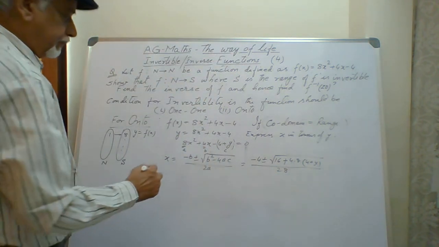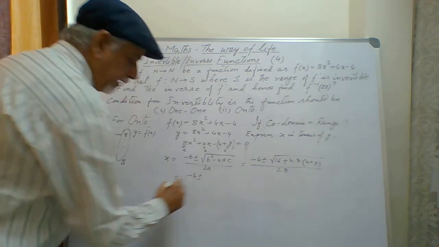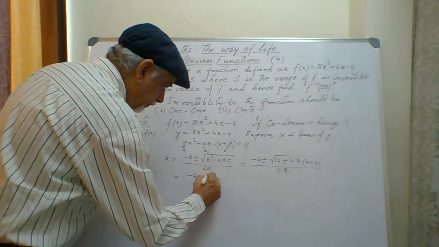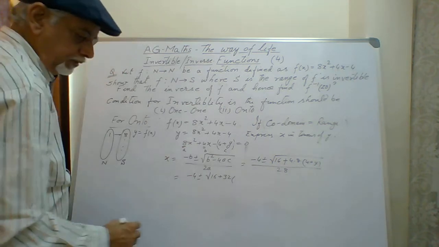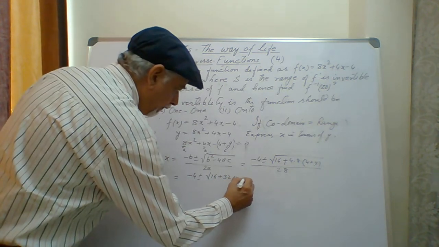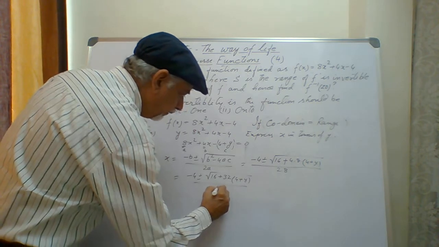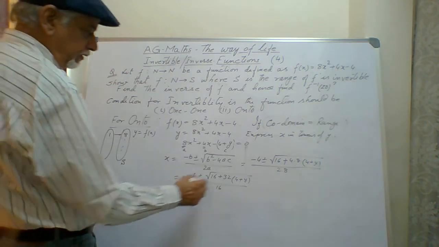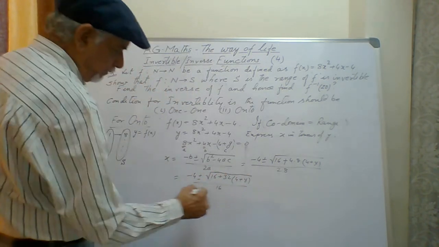On simplification, what I got is minus 4 plus minus under root 16 plus 32 into 4 plus y over 16. When you further simplify, taking common from the under root sign, a 4 will come out.